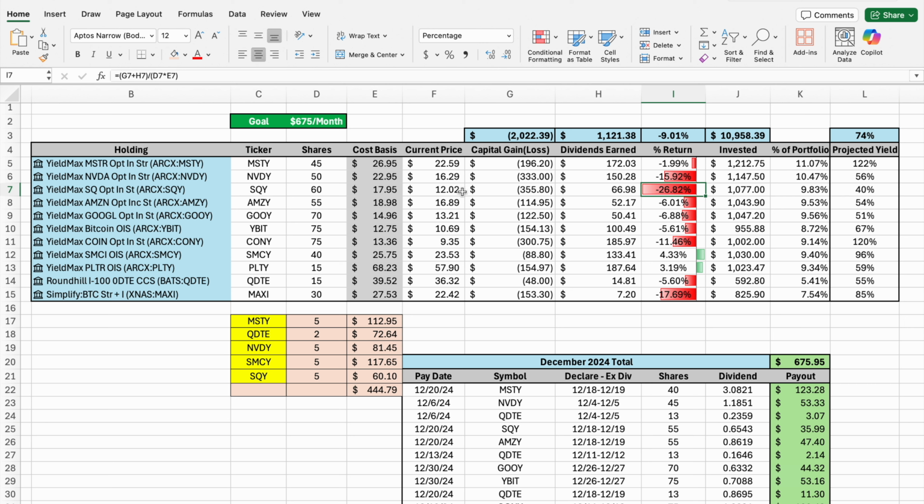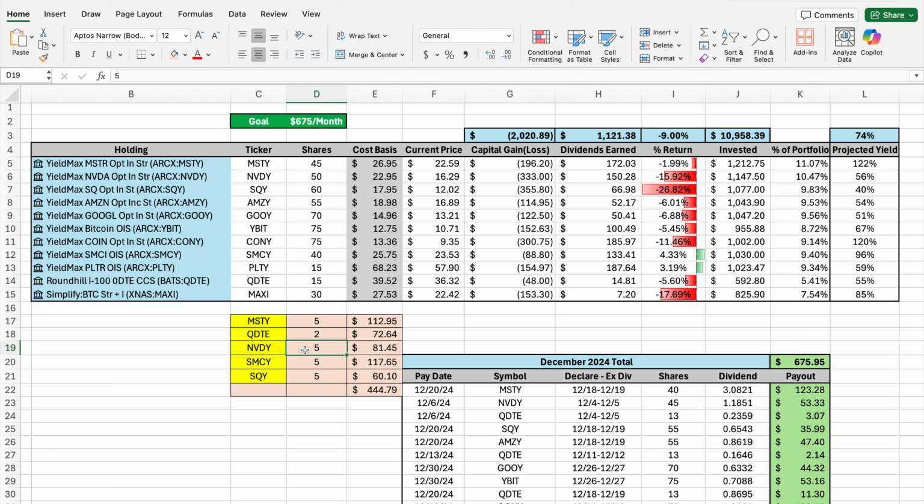So I said, well, I want to lower my cost basis on SQY, NVDY, which is also down, and start to chip away at some of that negative return. So I bought 5 shares of SQY. I lowered my cost basis to $17.95. Because of the fantastic payments on SMCY, I decided to buy another 5 shares of that. Lowered my cost basis to $25.75.